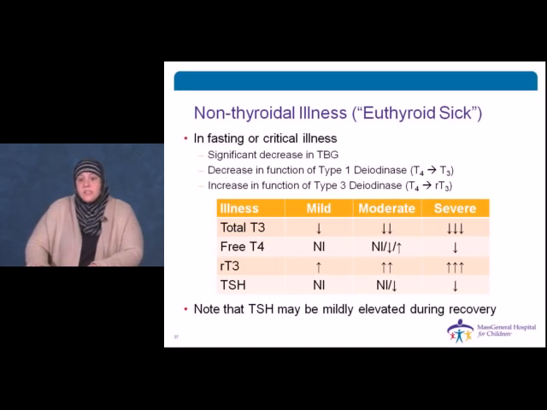In severe disease, you'll see a significant decrease in total T3, a decrease in free T4, an increase in reverse T3, and a decrease in TSH. And it's also important to keep in mind that during recovery from non-thyroidal illness, the TSH may be transiently elevated.